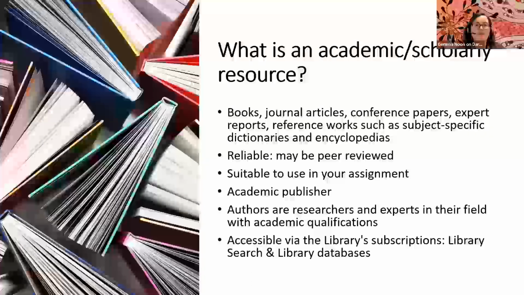They will often have an academic publisher, such as Oxford University Press, for example. Authors and researchers are experts in their field, and they will have academic qualifications. And these kinds of resources are accessible through the library subscriptions in the library search and in our library databases.